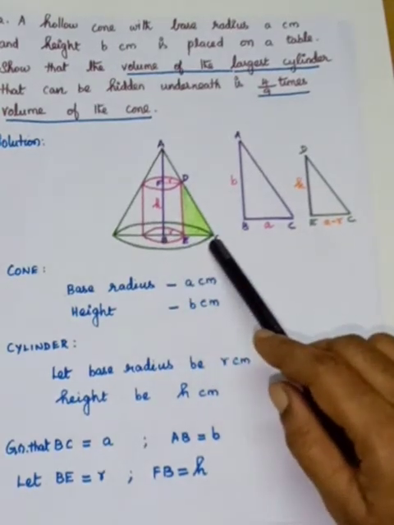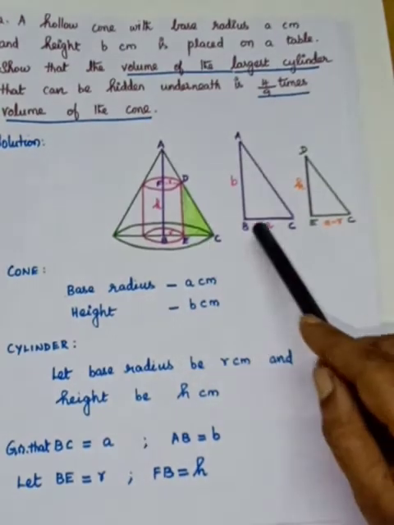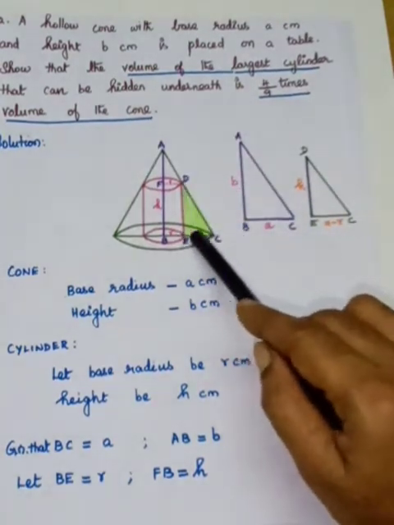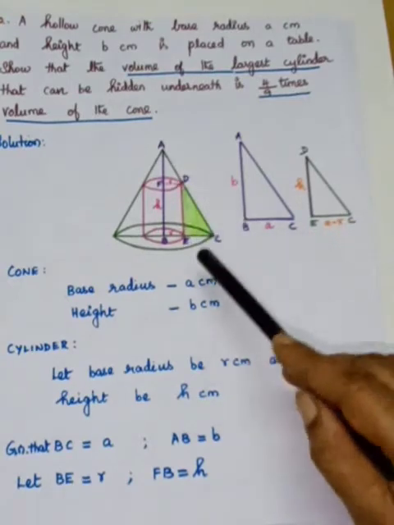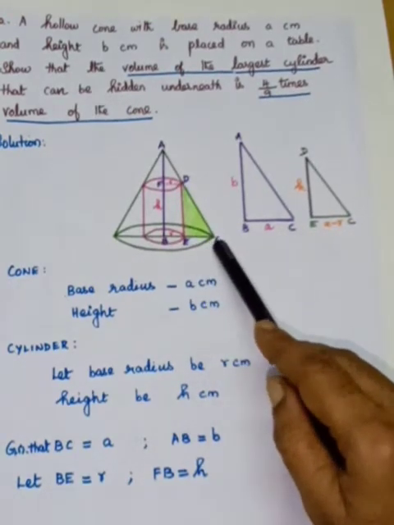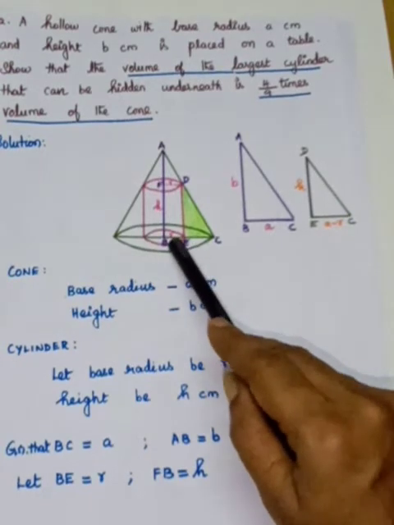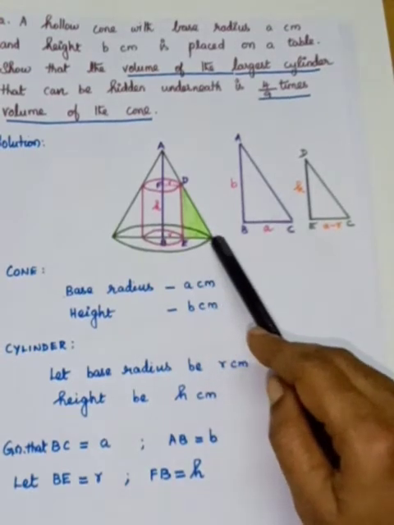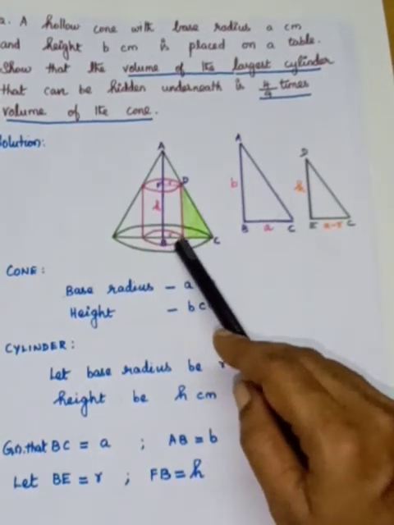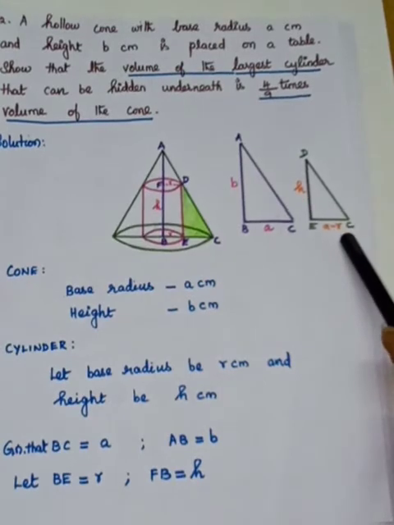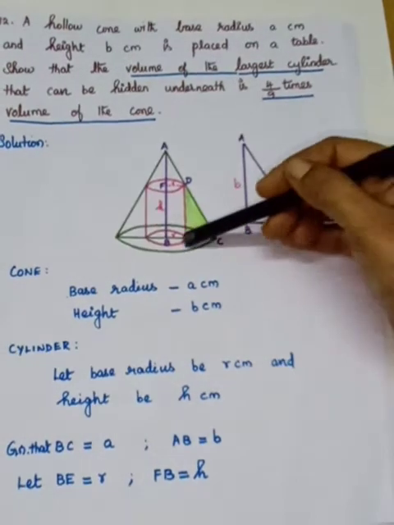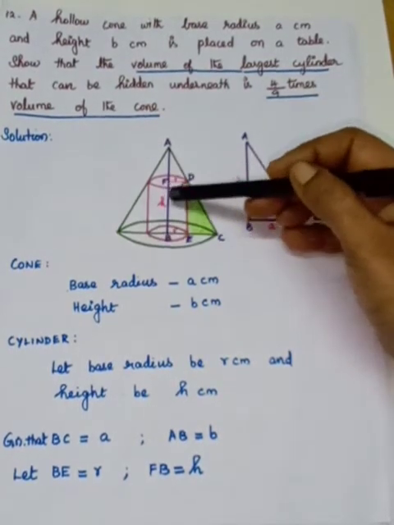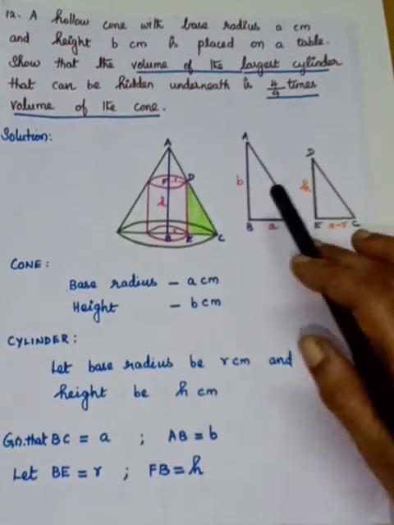BC is nothing but the base radius of the cone, that is A, and AB is the height of the cone, that is B. For DEC, BC is equal to A and BE is equal to R. Now what is needed? EC. From the whole distance A, you have to subtract R, so EC is equal to A minus R. And DE is equal to FB, the height of the cylinder, that is H.